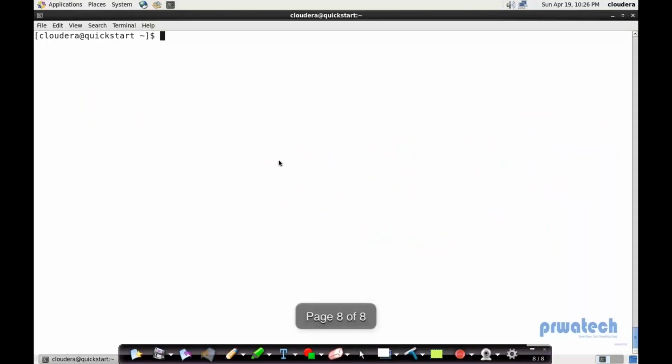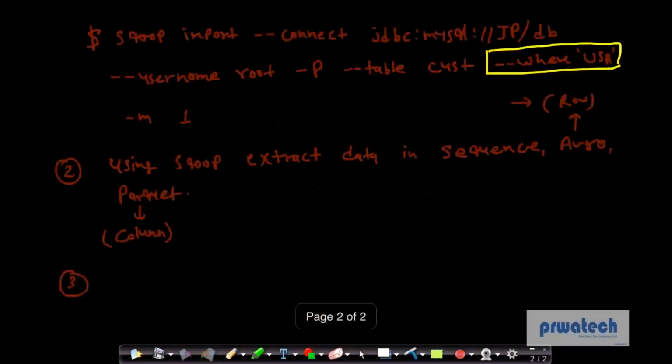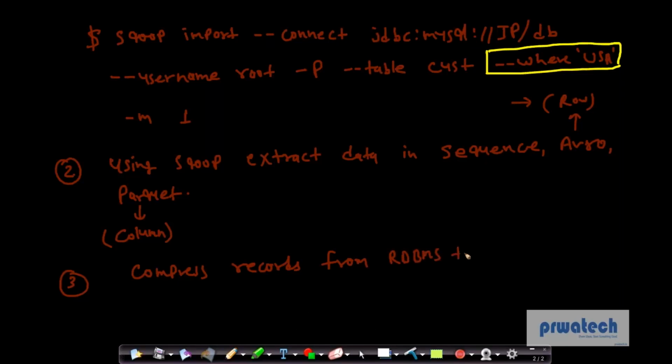Hadoop supports multiple compression techniques. Compress records from RDBMS to HDFS. And how can I compress it?